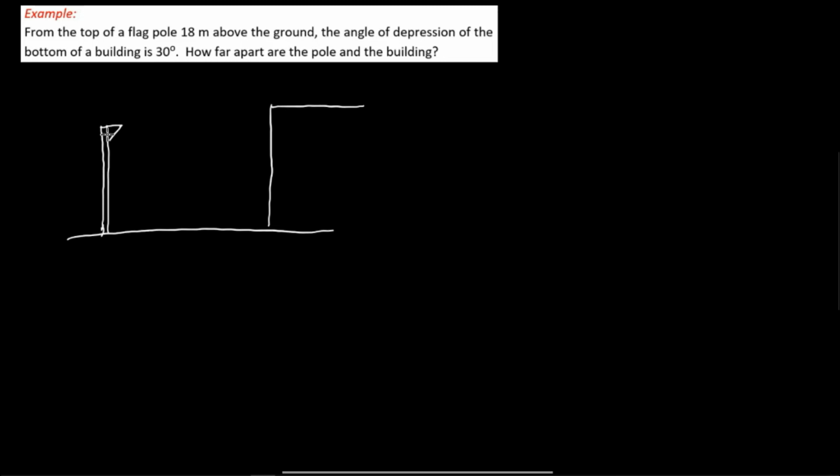And from the top of the flagpole, which is 18 meters above, so the height is 18 meters, and the angle of depression, so this is the line of sight up to the bottom of the building, is equivalent to 30 degrees.